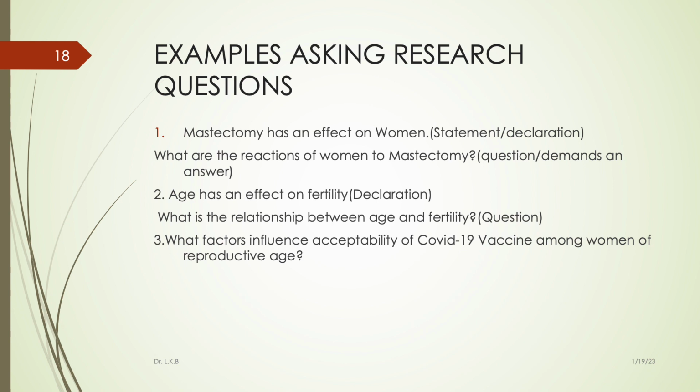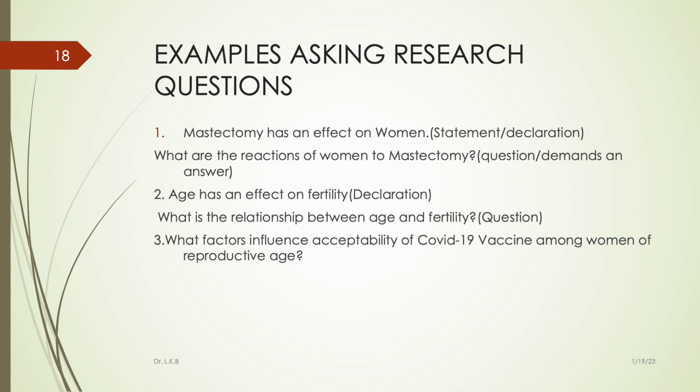Is it negative? And then number 3, an example of a research question which was relevant quite a few months ago. What factors influence acceptability of COVID-19 vaccine among women of reproductive age? I don't know whether you remember during the COVID pandemic, there was this myth in the country, especially among the women, that once they received the COVID-19 vaccine, their menstrual cycles were altered.